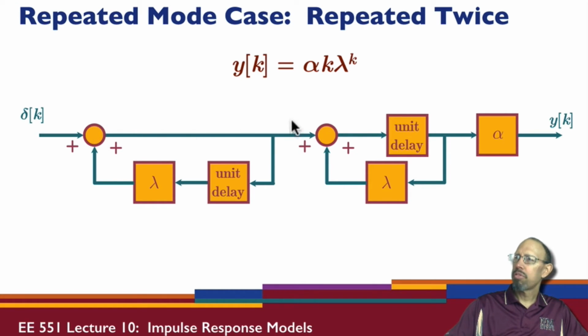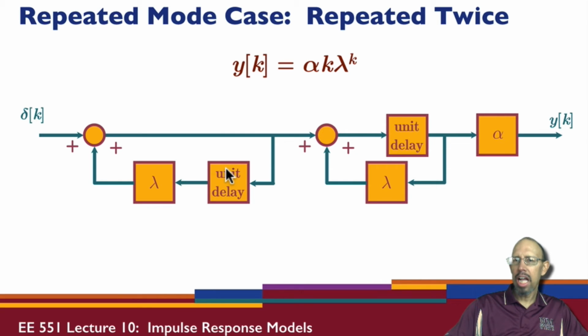The reason I've drawn a block diagram here is so that we can identify a state variable. Notice this is going to be a state variable because it's the output of a unit delay, and this is going to be a state variable because it's the output of the unit delay. So in this case, y is a function of this state variable, but not directly a function of this state variable. Okay?